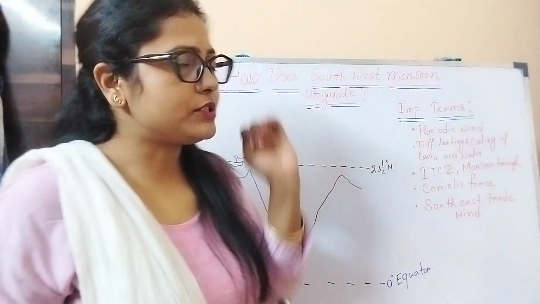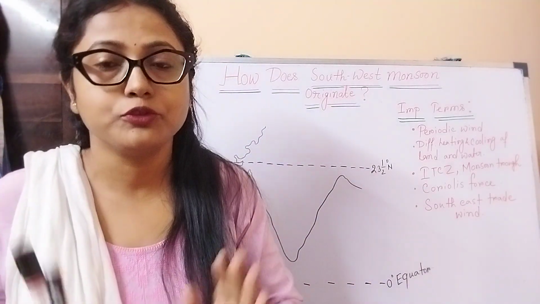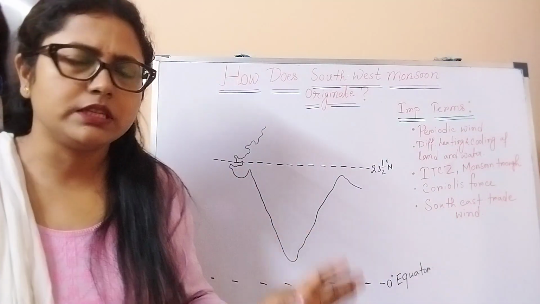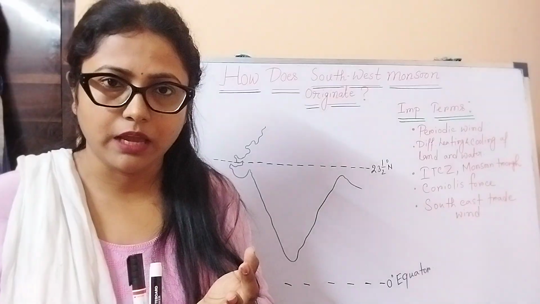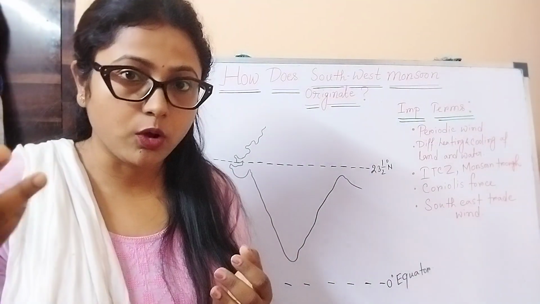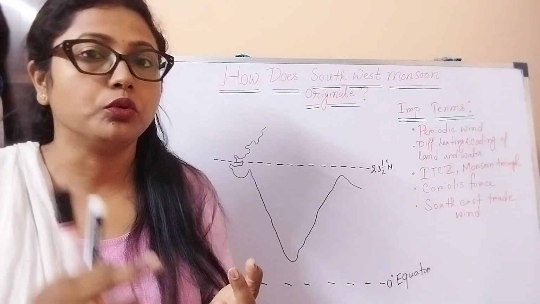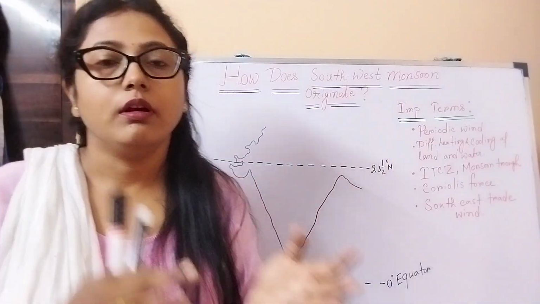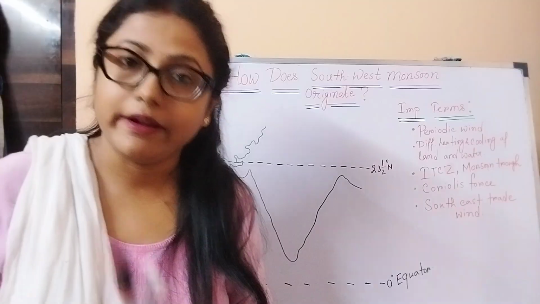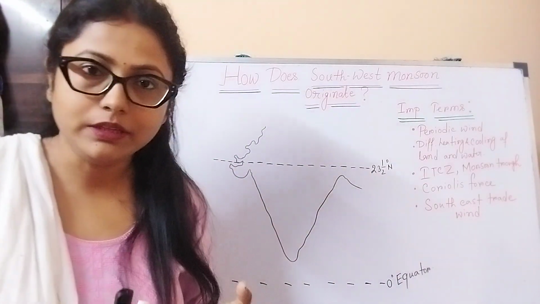Now, the first thing we need to know is what type of wind the monsoon is. Monsoon is a periodic wind. We have learned many types of winds, like planetary winds: trade winds, westerlies, polar easterlies. Then local winds like Chinook, Fohn, Lu, Mistral, Bora, etc. Then variable winds, like cyclones and anticyclones.